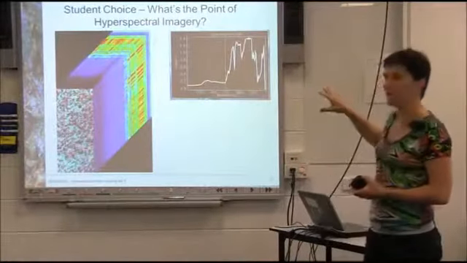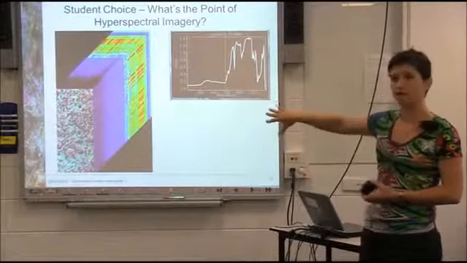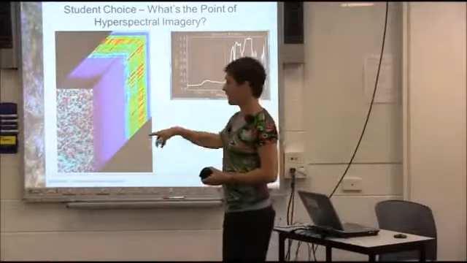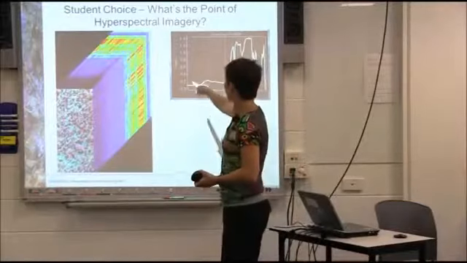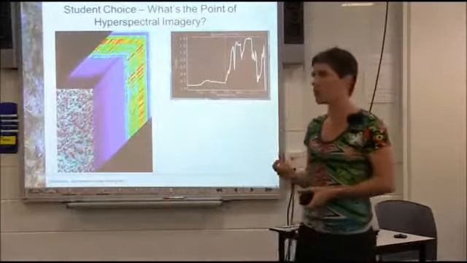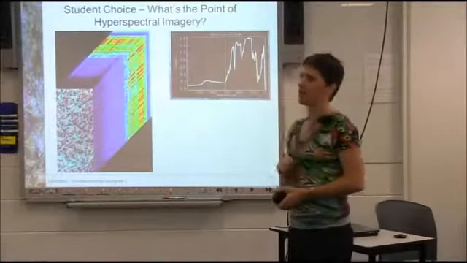So this is an example of a spectral curve that's been taken out from a piece of vegetation in my image. You can see that although the image only allows me to see 3 bands at once, I still have the full spectral data there. I can choose to display any 3 bands that I like, but all the data are there.